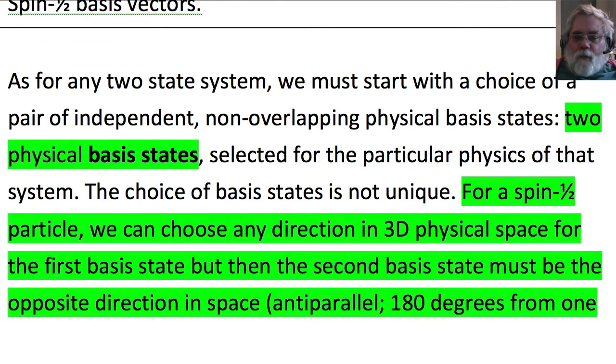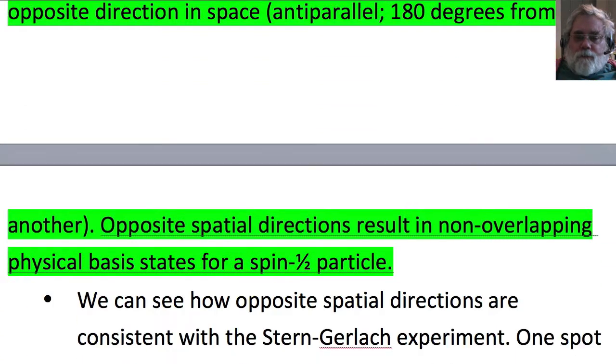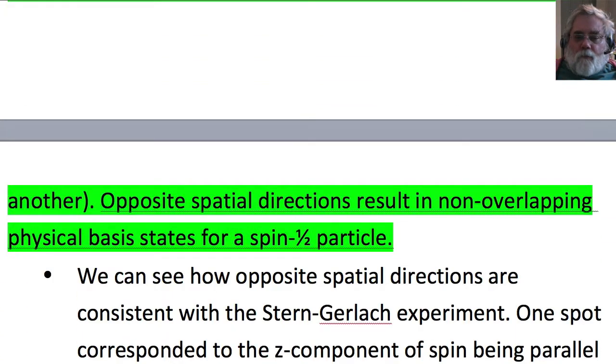For a spin 1/2 particle, we can choose any direction in three-dimensional physical space for the first basis state, but then the second basis state must be the opposite direction in space, so antiparallel or 180 degrees from one another. Opposite spatial directions result in non-overlapping physical basis states for a spin 1/2 particle. This is the first essential aspect of spin 1/2 particles.